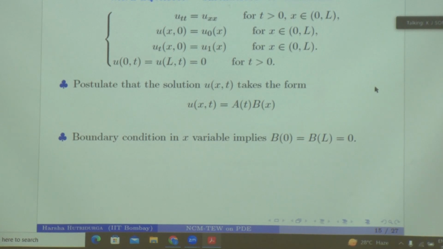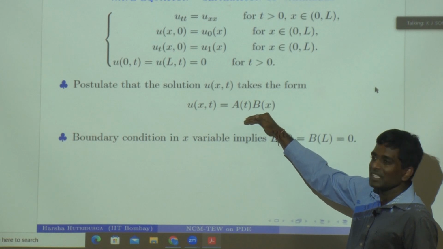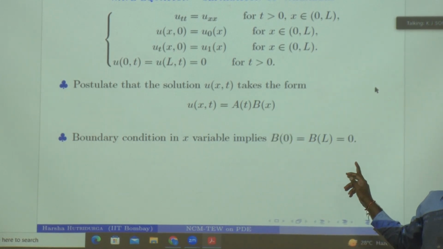Okay, so when you have got a product of two guys equal to 0, one of them should at least vanish. And because it's a of t and you are trying to find a non-trivial solution to this problem, that kind of forces you to take b of 0 and b of l to be 0.